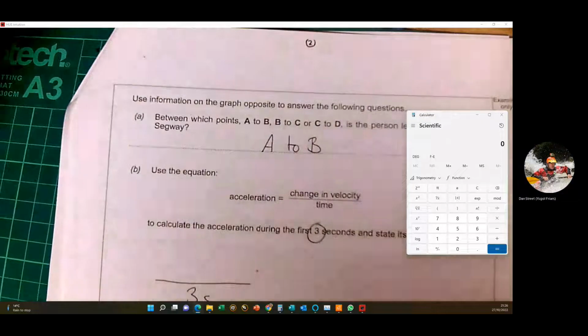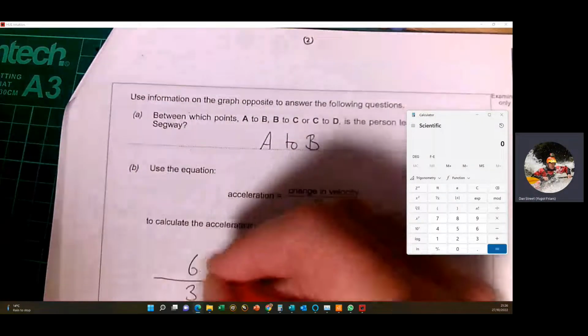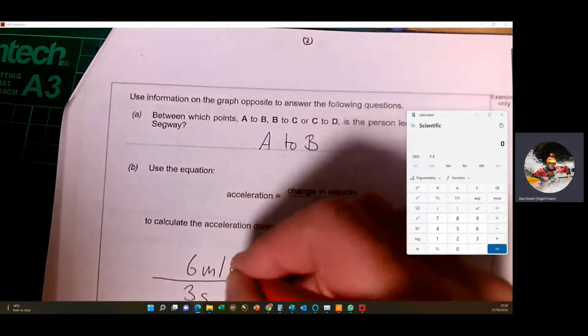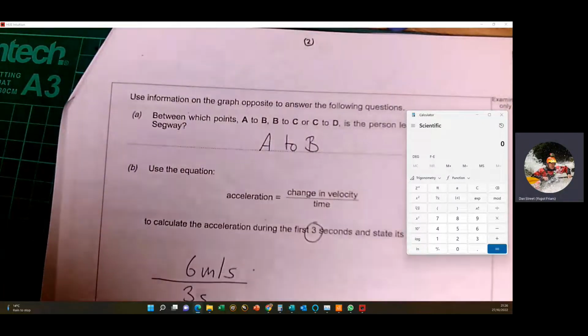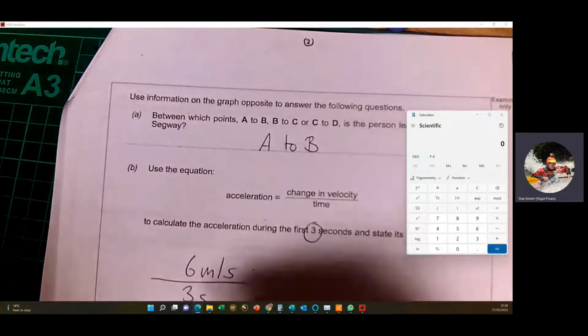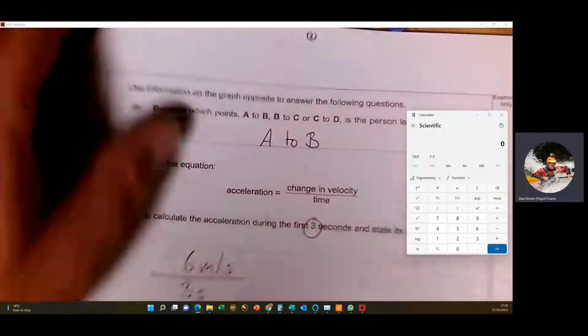So if we replace that, it's easy. Equation. We get 6 meters per second. Okay, and so there was a mark for the equation. Of course, 6 divided by 3, that would give us 2.